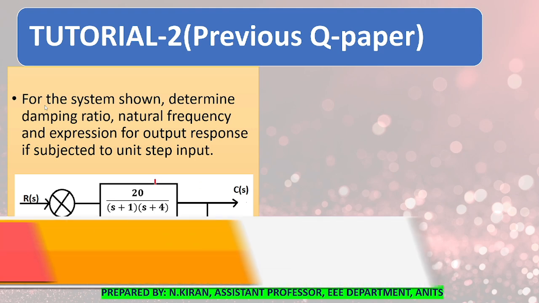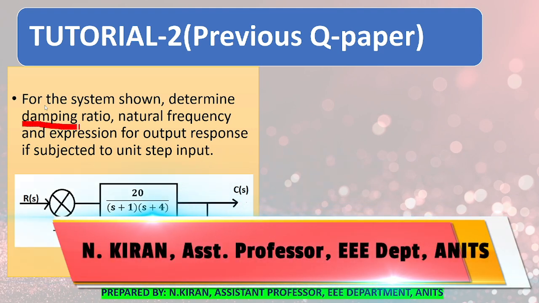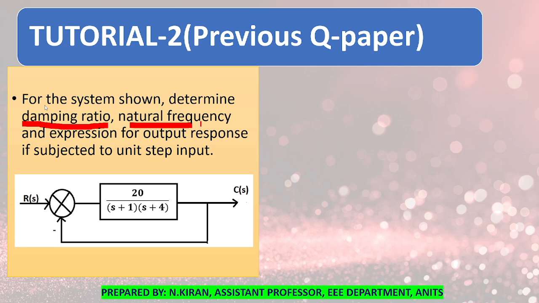So the first part is completed, that is, we have found the damping ratio and the natural frequency omega n. So now we need to find the expression for output response.